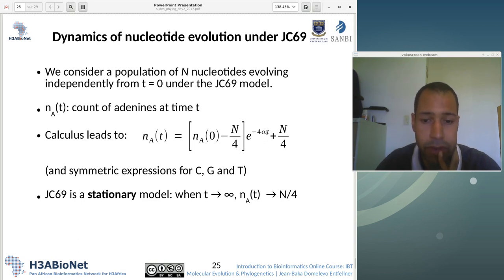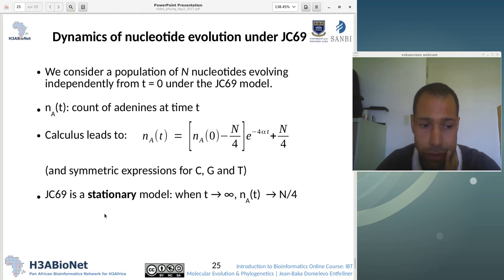But what we see is that if we let this mix of nucleotides evolve indefinitely, then we have plus infinity here for t, exponential of minus infinity is 0. So when time t tends to plus infinity, we have this quantity that tends to be equal to this N over 4, okay?